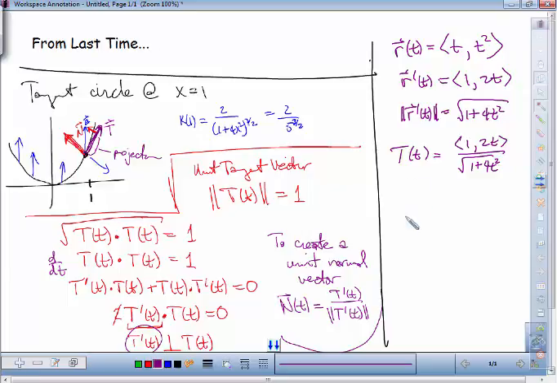So, all right, this is going to get messy. T prime of t is equal to, actually, before I do T prime of t, this thing needs its own page. Let's go to the next page.